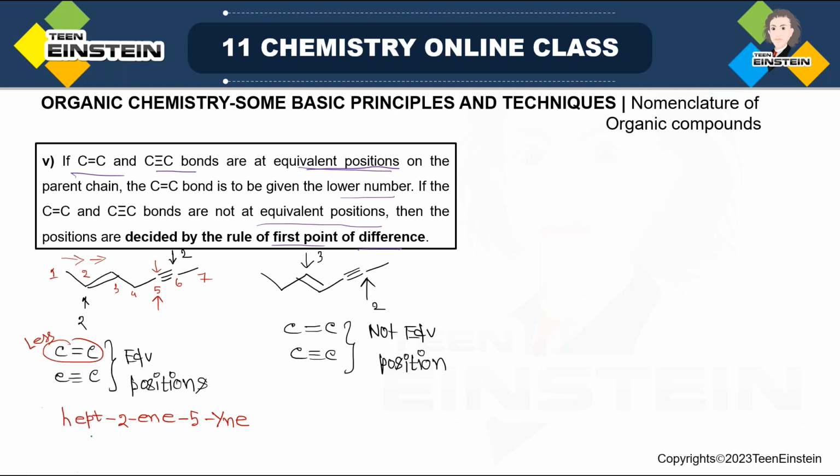But for the second molecule, now you have to consider the first point of difference. If you move from the left hand side, the first unsaturation is at 3. If you move from the right hand side, the first unsaturation is at 2. So this is the first point of difference. That is why we will cancel this one and accept this one, so numbering will start from this side.